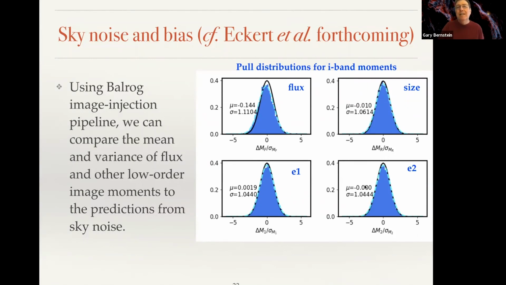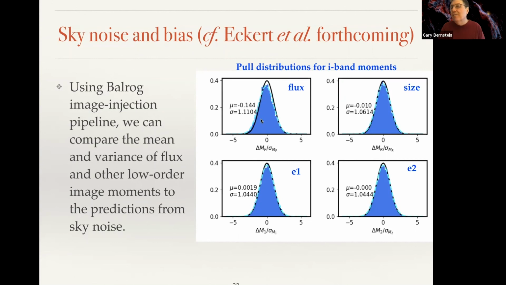And what we can see, we make a pull diagram of the residuals of measurement to truth. And we can see that for the flux moment, there is a negative bias in the flux at about 1/10 of a sigma or so.